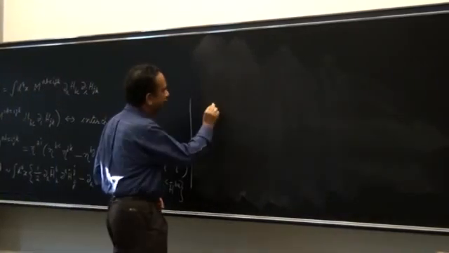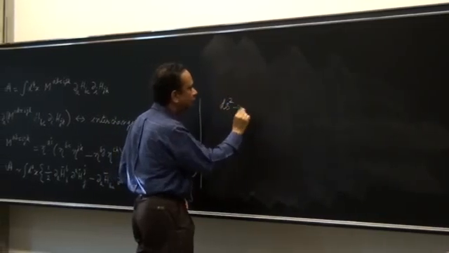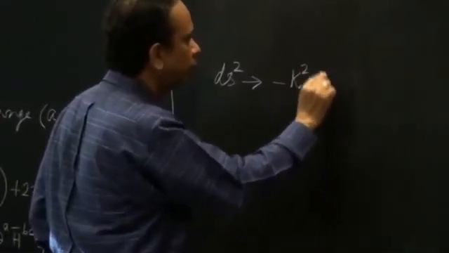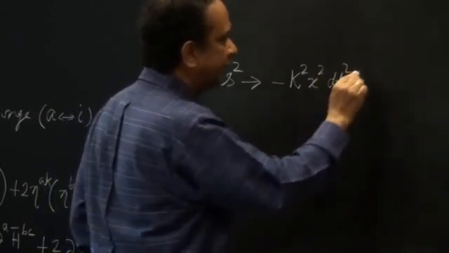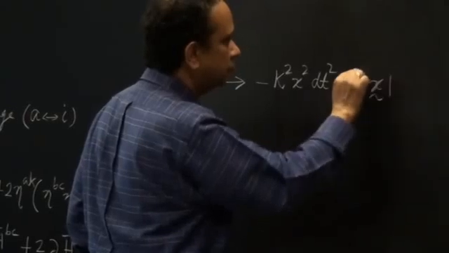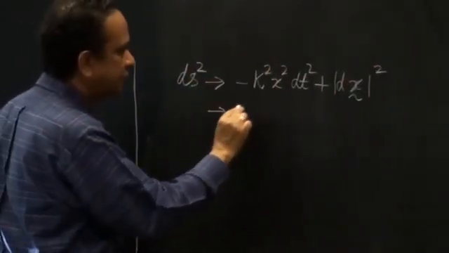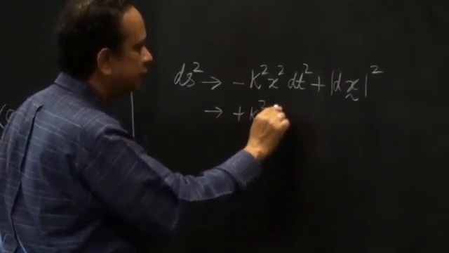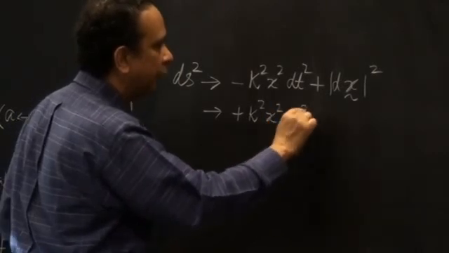What we did that day was to take a metric which near the horizon has the form minus κ² x² dt² plus the spatial coordinate, the Rindler form. Then we said that you can go to the Euclidean sector of this theory, where dt_E becomes an angular coordinate.